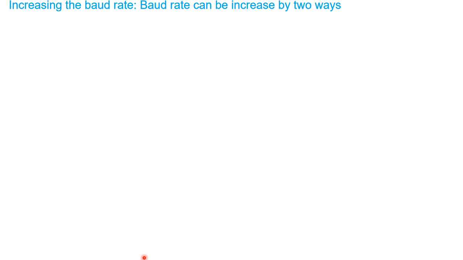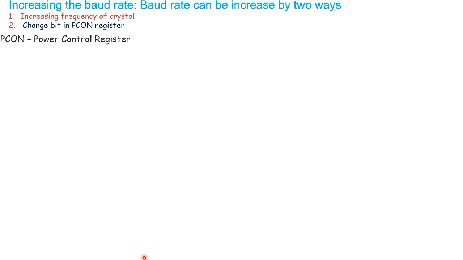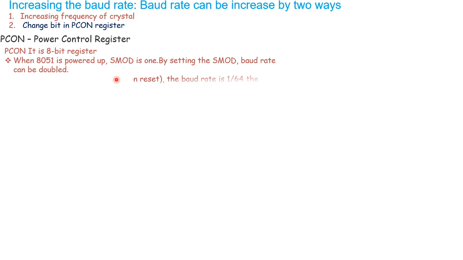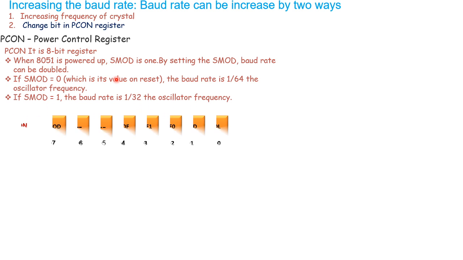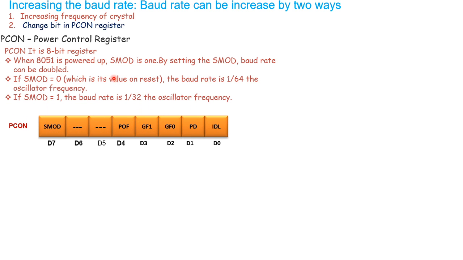Now, increasing the baud rate. The baud rate can be increased in two ways. The first way is increasing the frequency of the crystal. The second is changing a bit in the PCON register. The crystal frequency we cannot change, so using the PCON register, the power control register, the baud rate can be doubled. PCON is an 8-bit register, and its structure format is like this, D0 to D7.